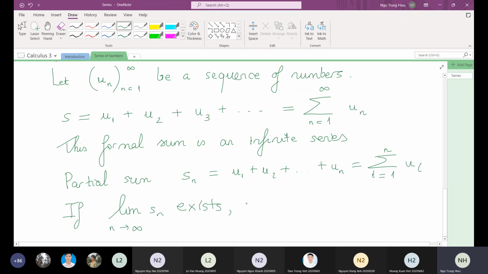We say that the infinite series S converges. And if the limit doesn't exist, we say that the series S diverges.